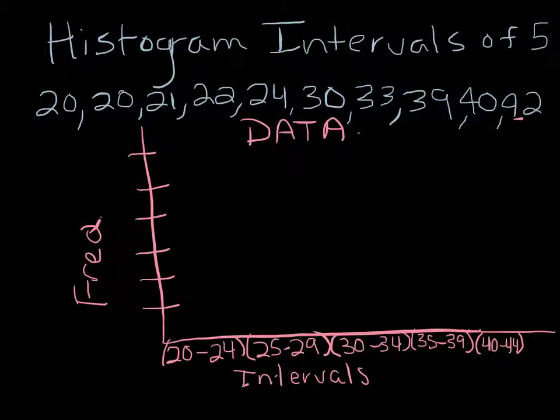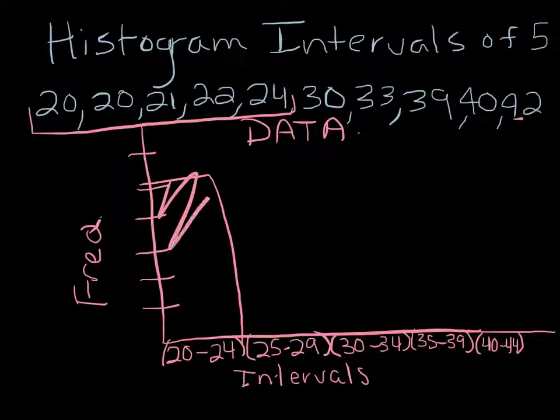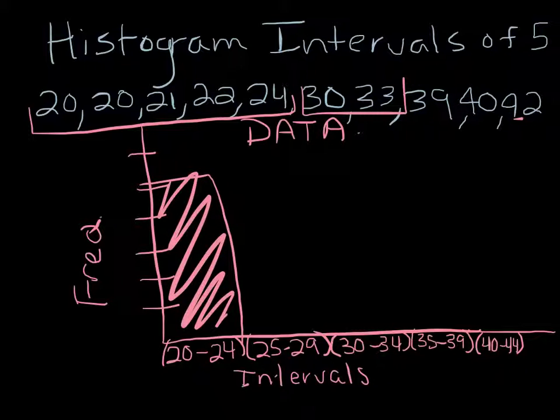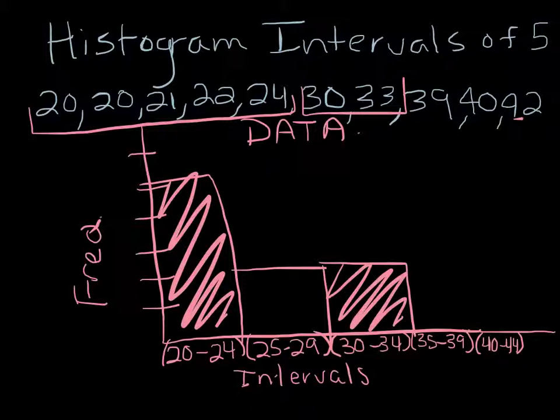Okay, 20 to 24 has a frequency of 5. Remember, if this is not in order, you need to put it in order. I ordered it for you already. 25 to 29 has 0, so we just leave that one blank. 30 to 34 has a frequency of 2. Oops. Erase that little line there because that should not be there.